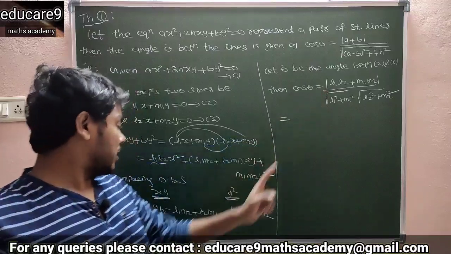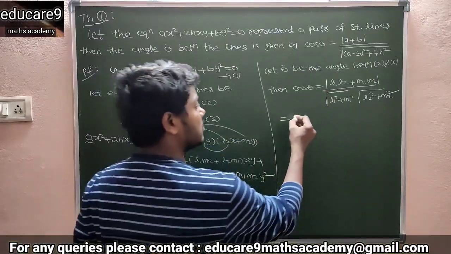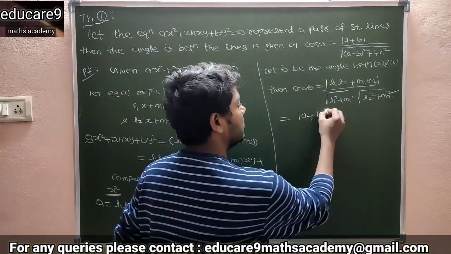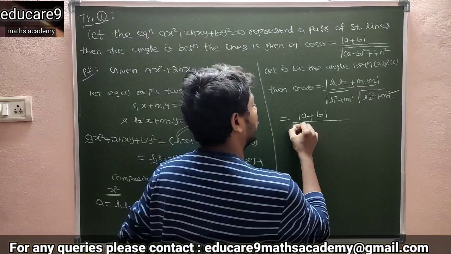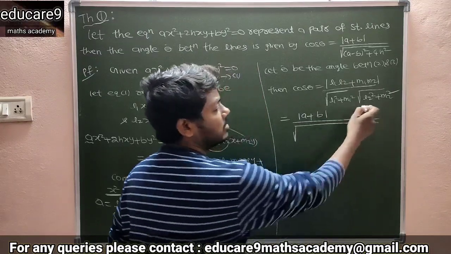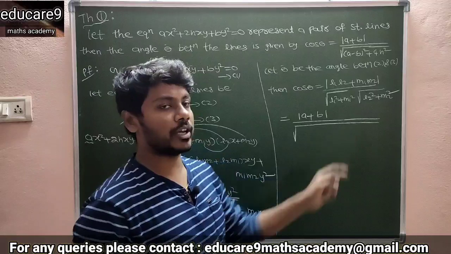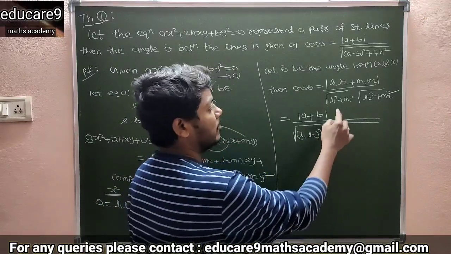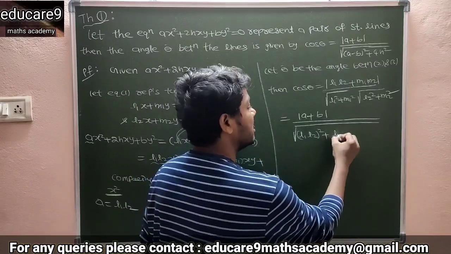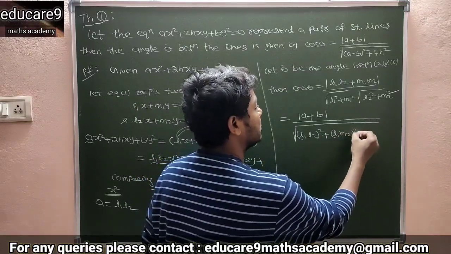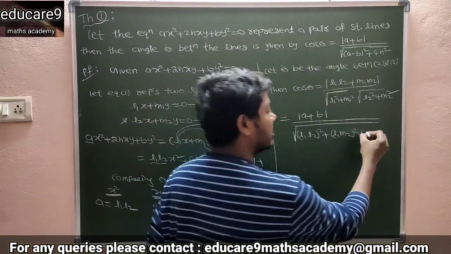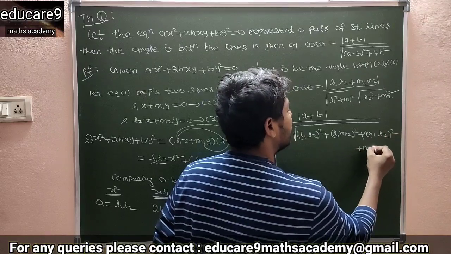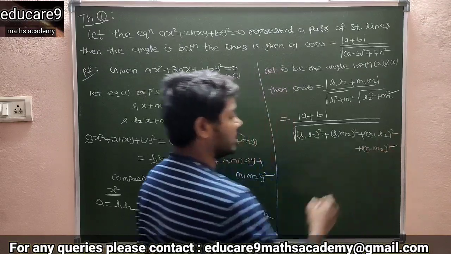You know L1 L2 is A, so modulus of A, and M1 M2 is B. Divided by square root of, multiplying these two: L1 square L2 square, which can be written as (L1 L2) whole square, plus L1 square M2 square, that is (L1 M2) whole square. Next M1 square L2 square, that is (M1 L2) whole square. Last one plus (M1 M2) whole square.